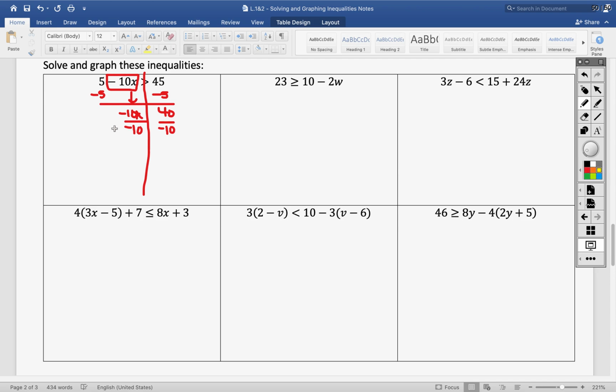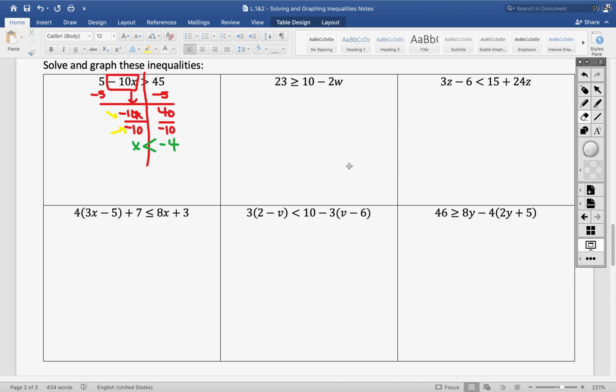Why is there an alarm going off? Because the coefficient of the variable term is a negative, we are dividing by a negative. So what must we do? We must flip the sign. The answer is wrong if you don't flip the sign, by the way. And this becomes -4. So x is less than -4.